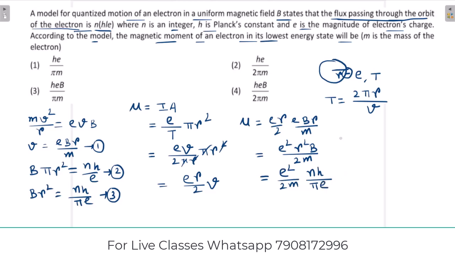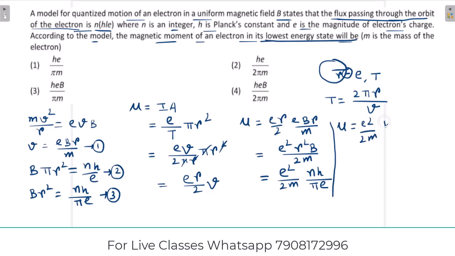So this becomes mu is equal to e square divided by twice m into nh by pi e. Now n is 1. They have said in the problem to find the magnetic moment in its lowest energy state, that is n equal to 1.